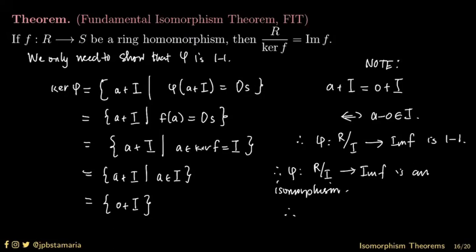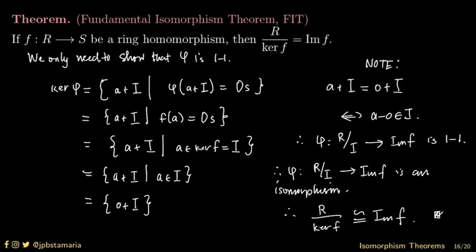And therefore, because may isomorphism ka from R modulo I to the image, R modulo I is isomorphic to the image. But what is that I again? Siya yung kernel. Okay? So we were able to prove the fundamental isomorphism theorem.